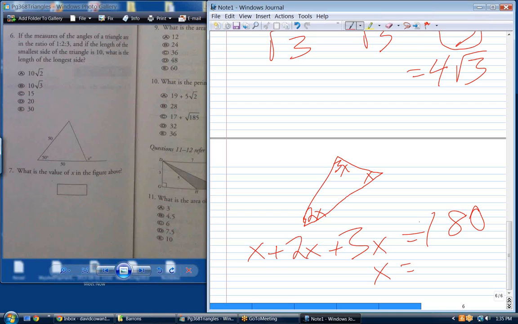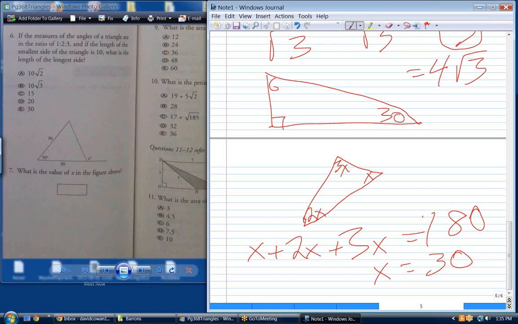Okay. So the triangle then is what kind of triangle? It's a 30, 60, 90. Right. And we know what the basic dimensions of a 30, 60, 90 are. What's opposite the 30? x. What's opposite the 60? x square root 3.